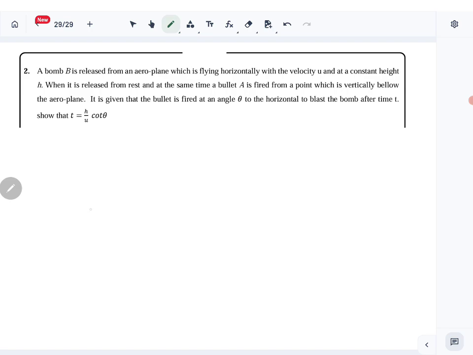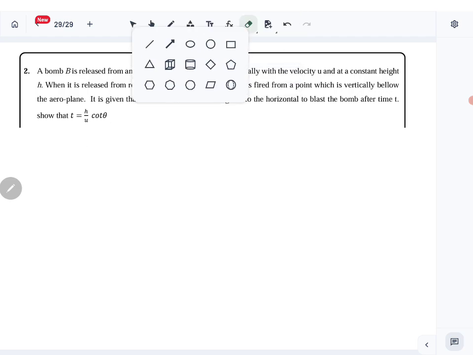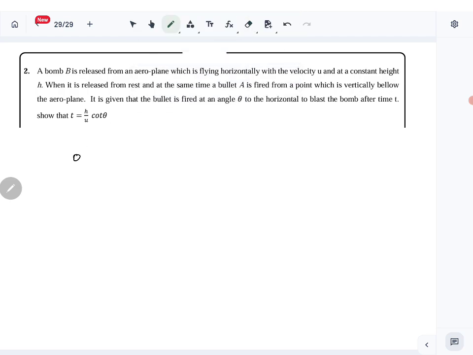So let's draw a small sketch. The aeroplane is going at a constant height h, and a bomb is released.